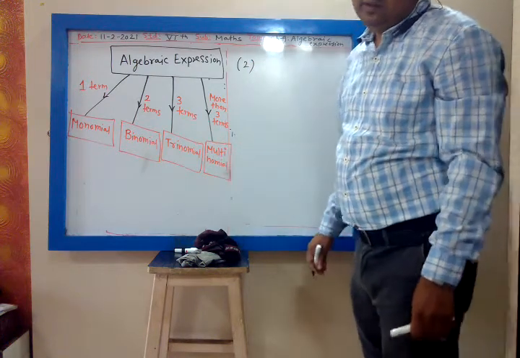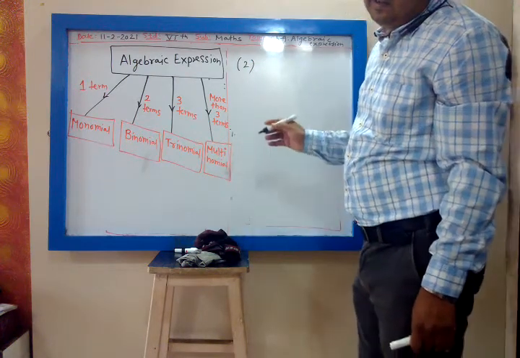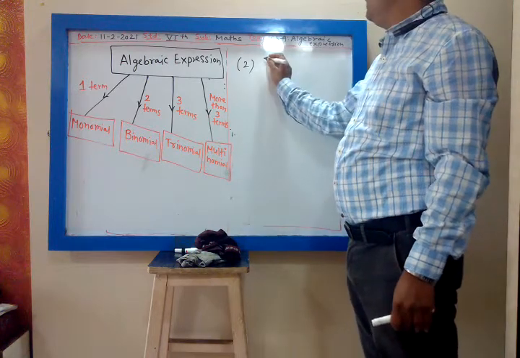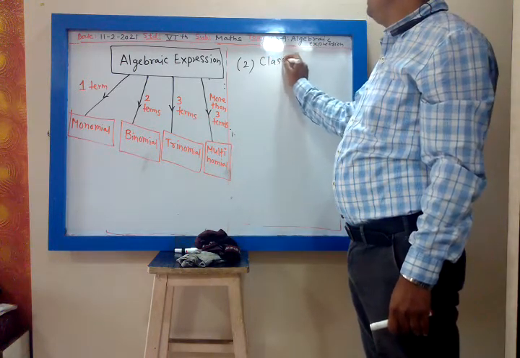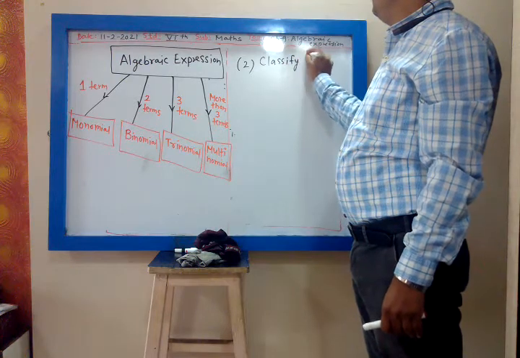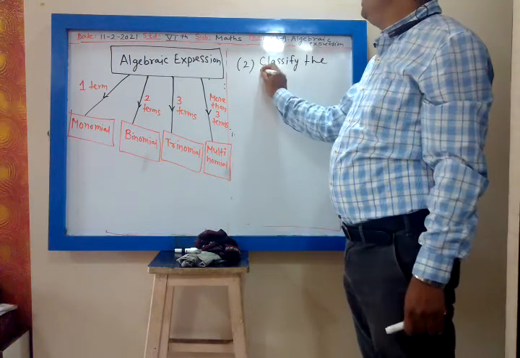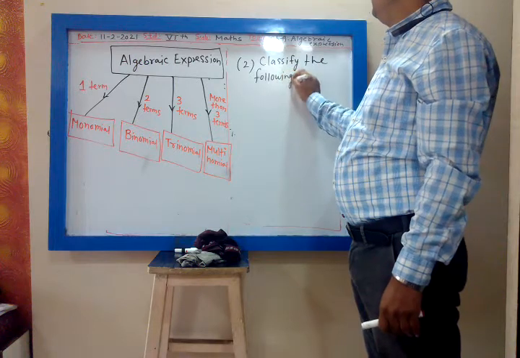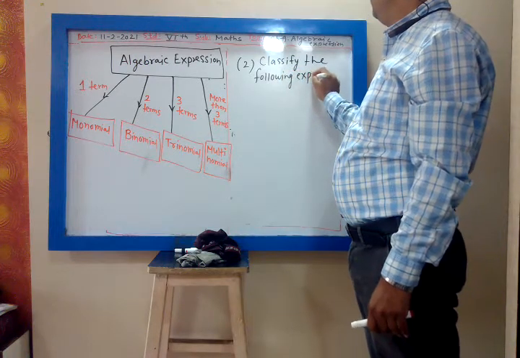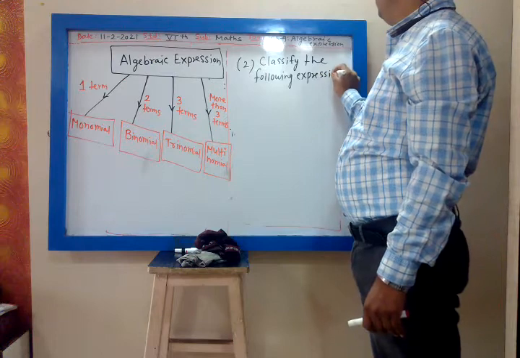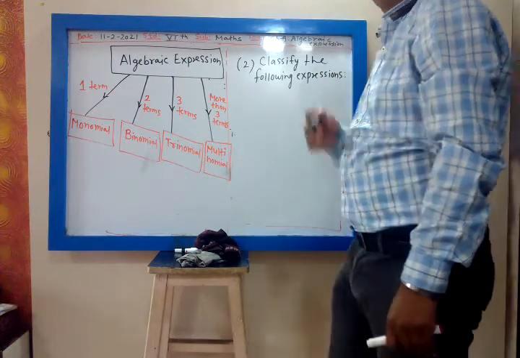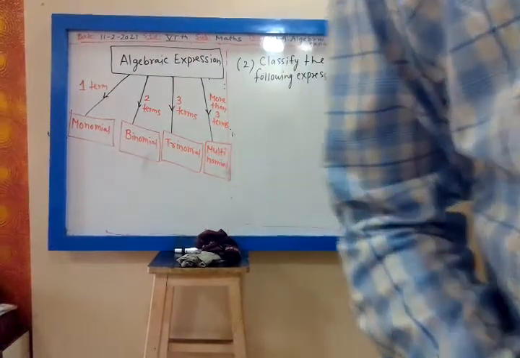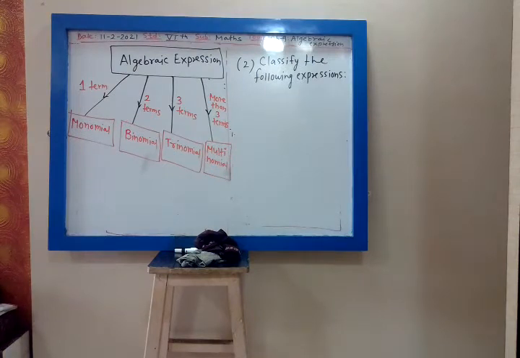So based on this, we have the second part: classify the following expressions. Multinomial means more than three terms, which means 4 terms, 5 terms, 6 terms.